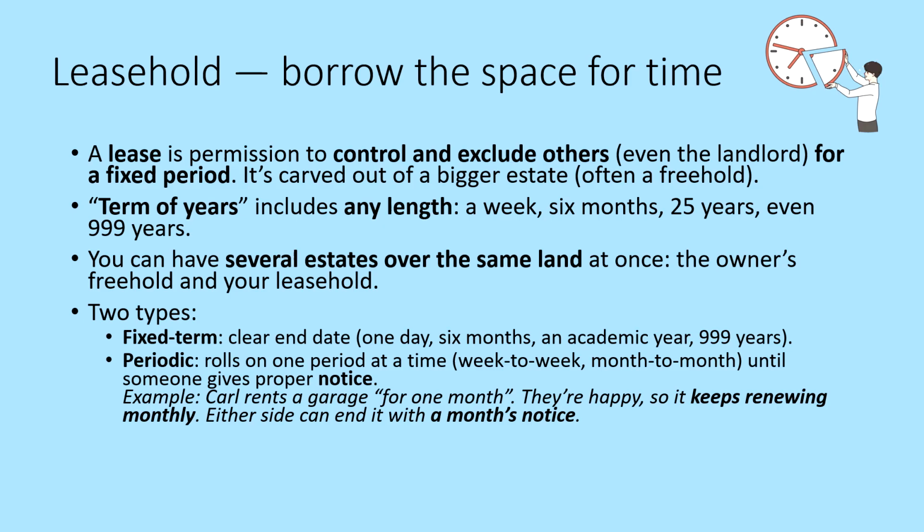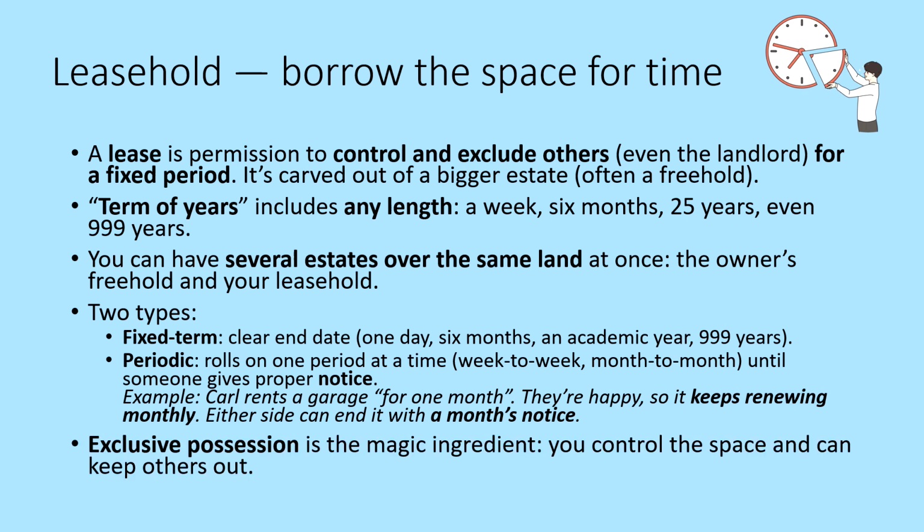And then either Carl or the landlord, any person higher up the hierarchy, can just end it with notice. The really important thing, the magic ingredient, is that you have control of the space and can keep others out for this specific time slice. Okay? And you can even keep others out if they are high up in this line of hierarchy.